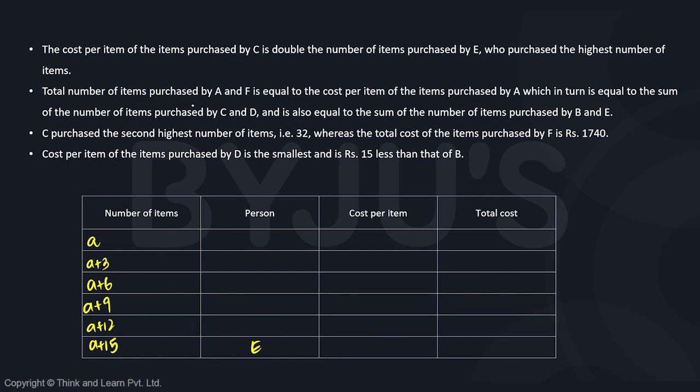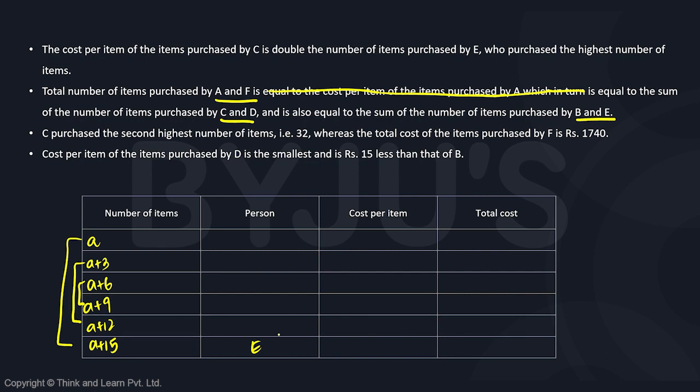Total number of items purchased by A and F is equal to the, let's ignore this, the sum of the number of items purchased by C and D, which is also equal to the sum of the number of items purchased by B and E. So in an arithmetic progression, the sum of the terms is always going to be constant if we take the first and last, the second and second last, and the third and third last.